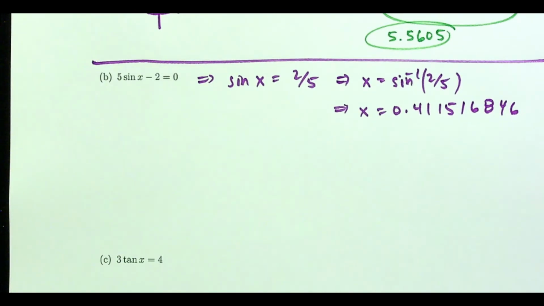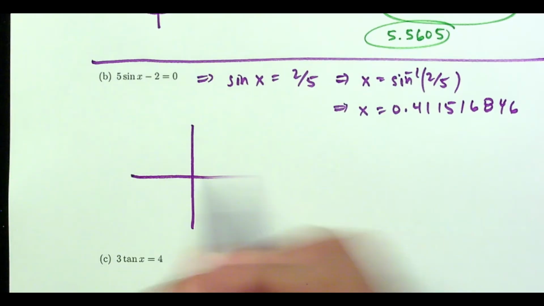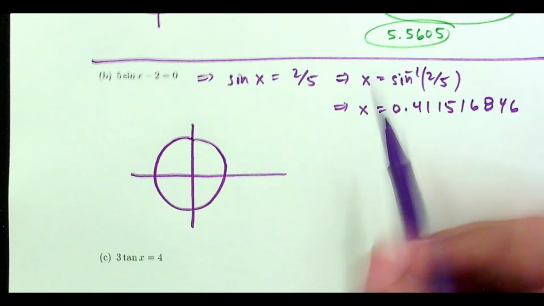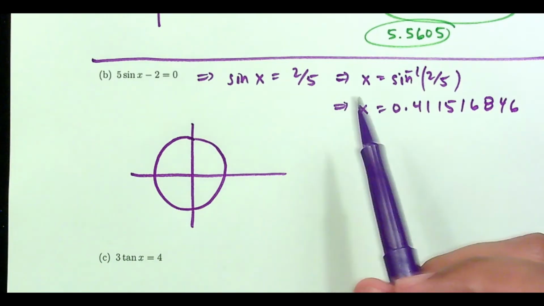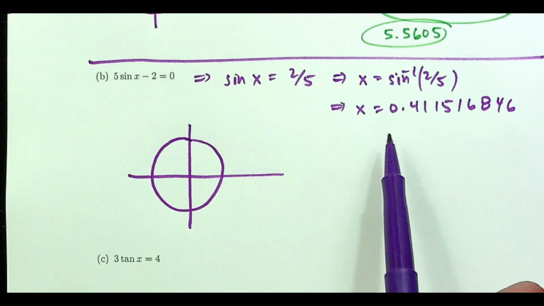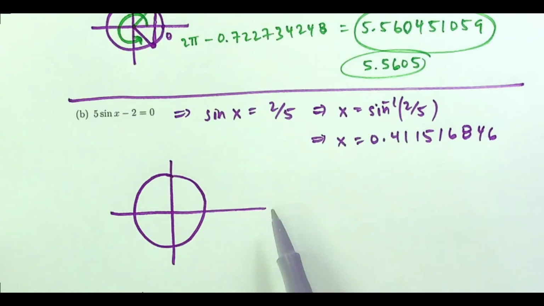For the second one, draw your unit circle and find the other angle whose sine is the same. First thing is you need to figure out what quadrant this is. This one is again in the first quadrant.